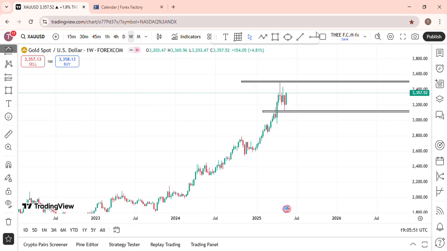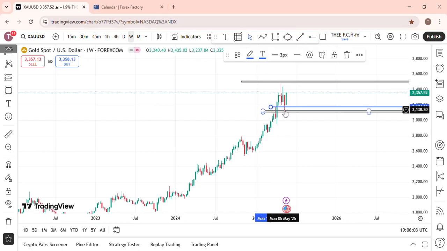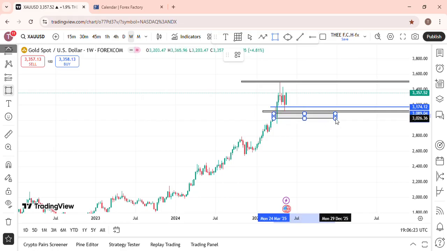Now coming to weekly time frame, you can see I have been telling you that first, the market went past this imbalance, and after going past that imbalance, I told you our next point of interest is going to be the order block below here, of which in the previous week I expected it to come and tap the order block, but it failed.